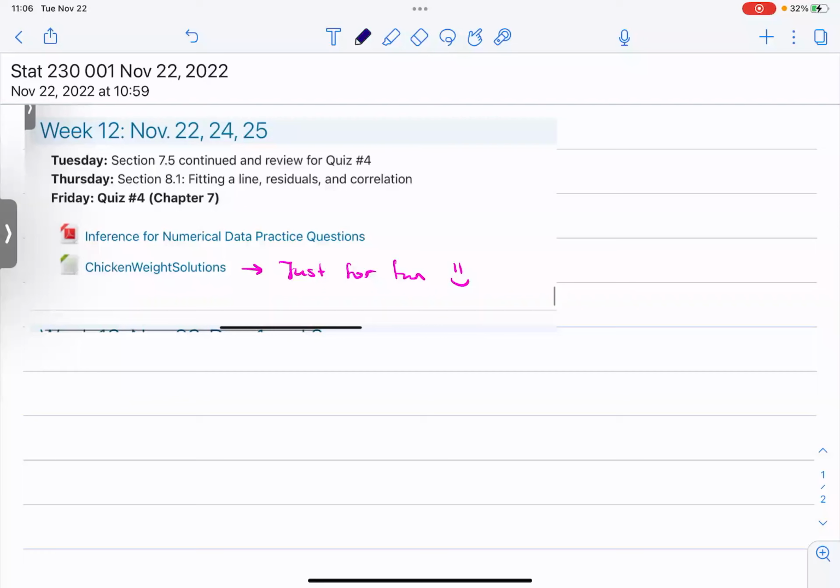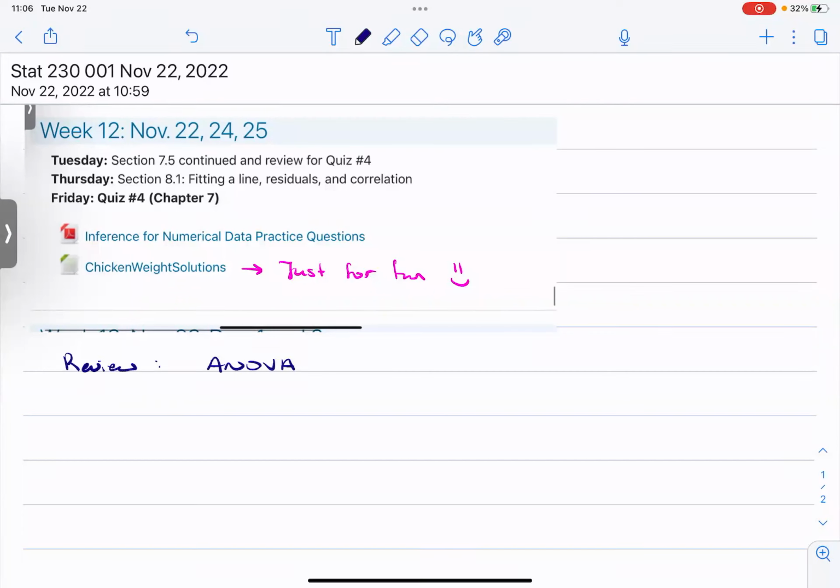Okay, in terms of review, just to review ANOVA in general, right? What we said was the conditions aren't that complicated. We added that new condition that we have to have constant variance or roughly constant variance across the groups, which we would typically check using a side-by-side box plot, right?